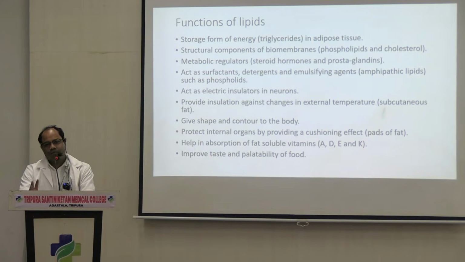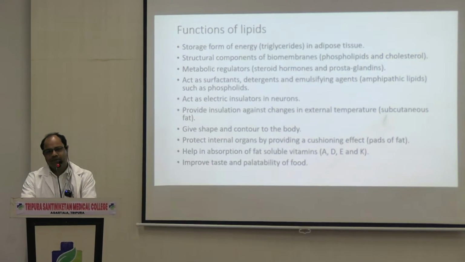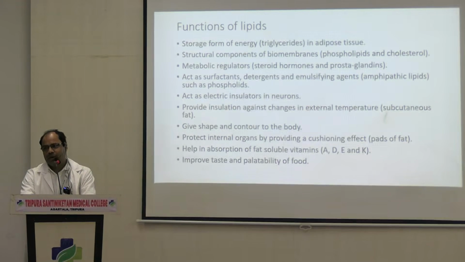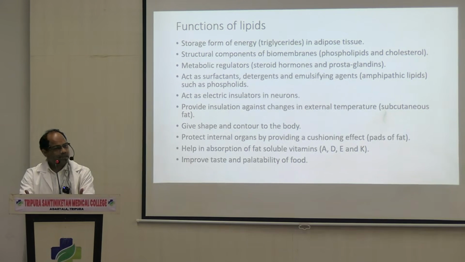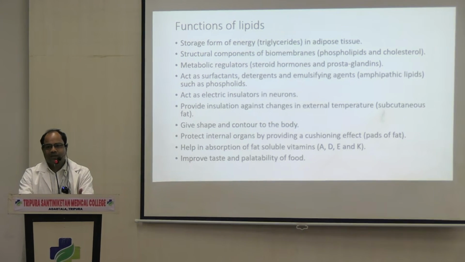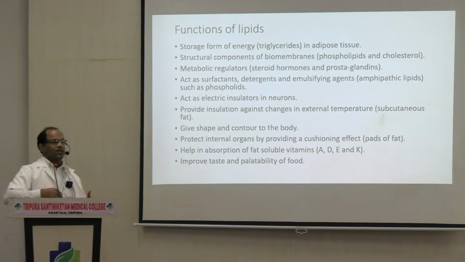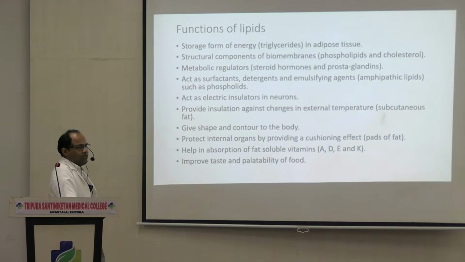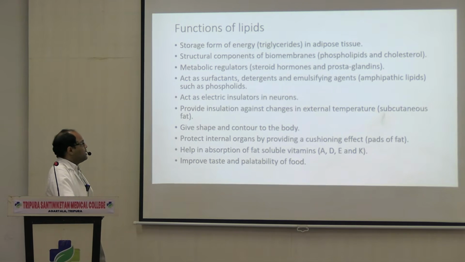If we burn 1 gram of protein, 4 kilocalorie. But in fat, more than 2 times, 9 kilocalorie. So you can understand how much energy it is storing. So in our body we can store energy in the form of lipid. In adipose tissue we store it as fat, mainly as triglycerides.